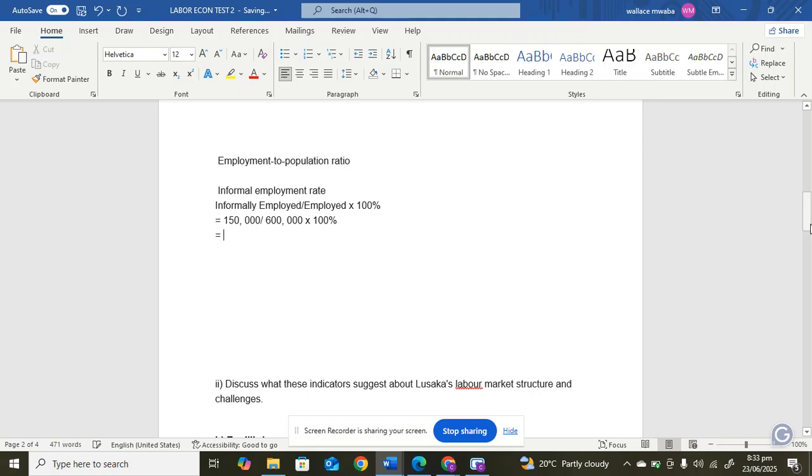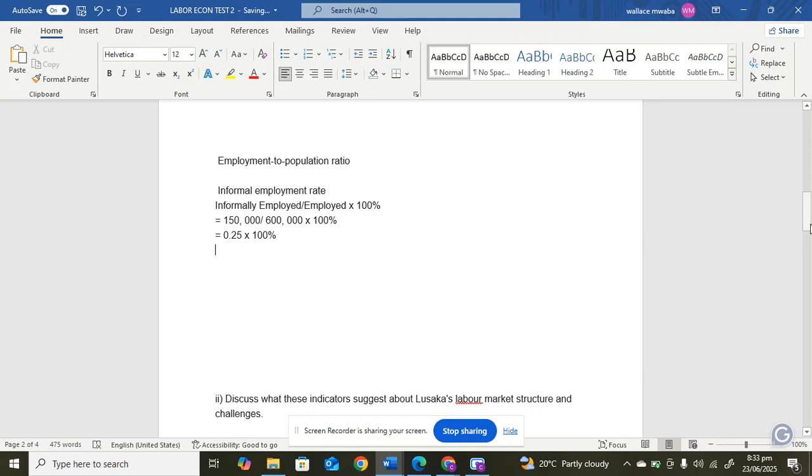So 150,000 divided by 600,000, that's 0.25 times 100%. That gives you 25%. So out of the 600,000 employed people, 25% are informally employed, which is these 150,000. Any questions so far?